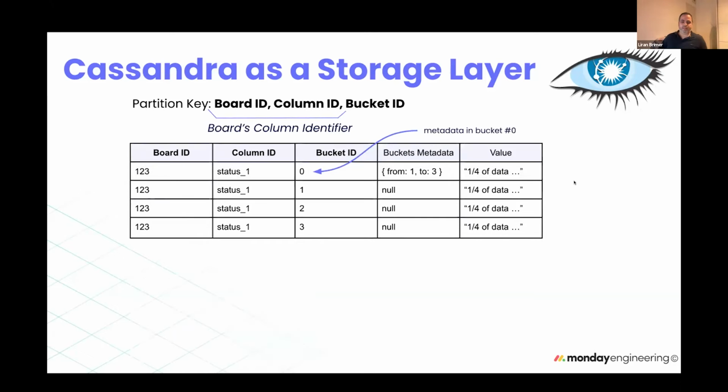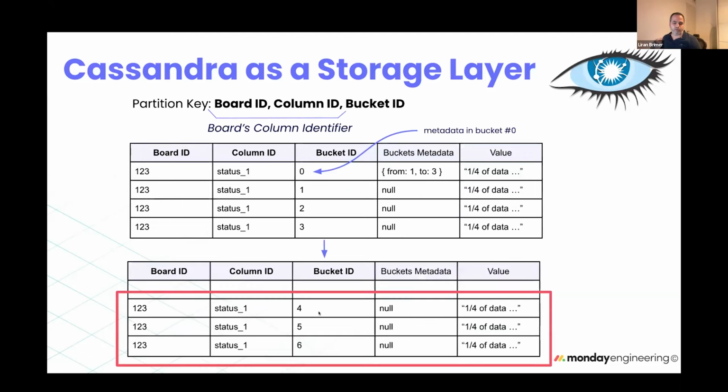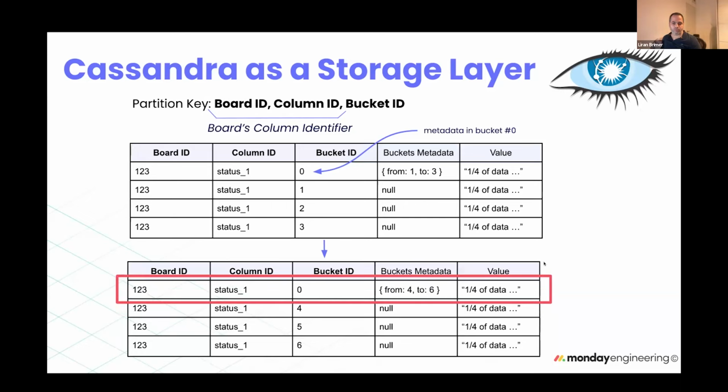How do we update the data when we flush? Basically, we take a look at the bucket metadata. We see that so far we are using 0, 1, 2, and 3, so we write the rest of the new data to buckets 4, 5, and 6. And only after we are finished, we overwrite bucket 0 with the new reference.